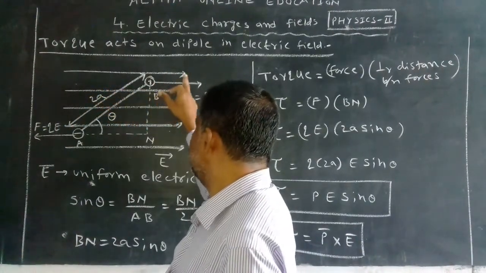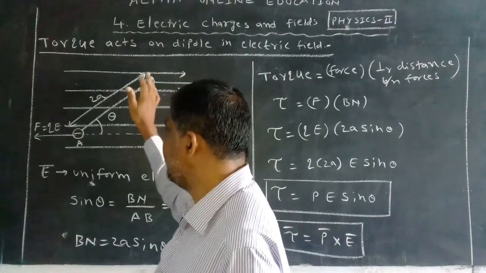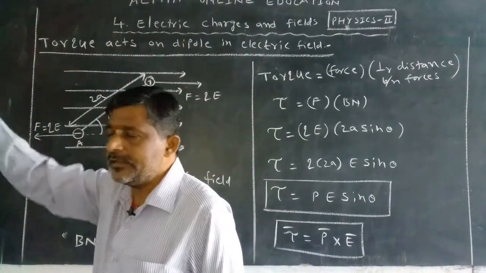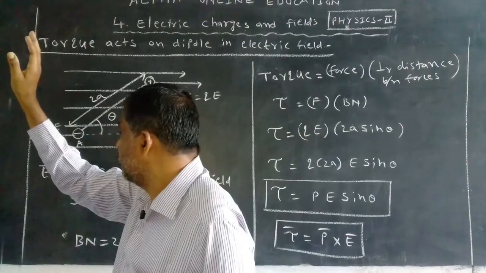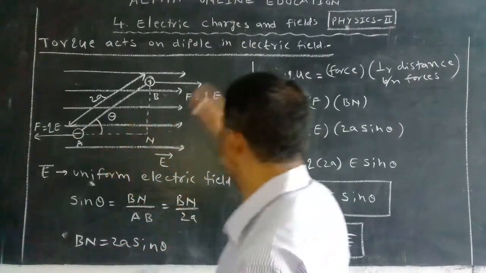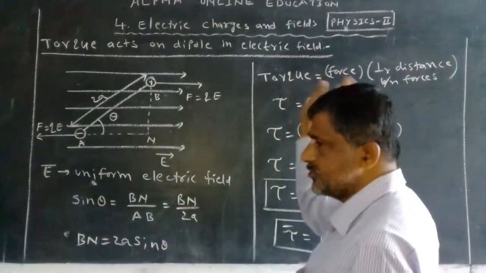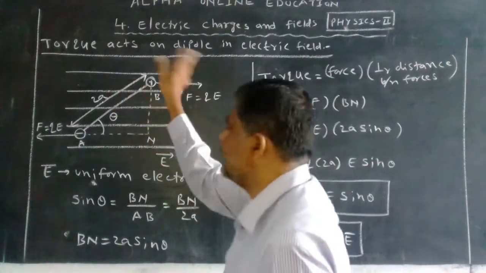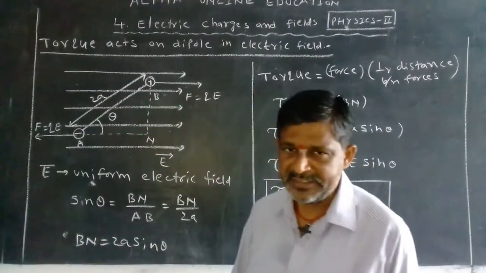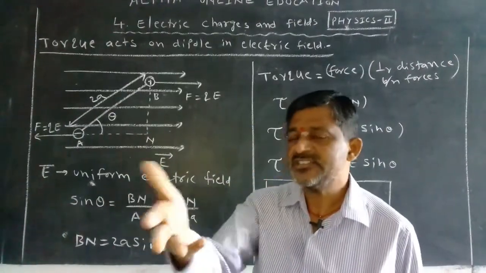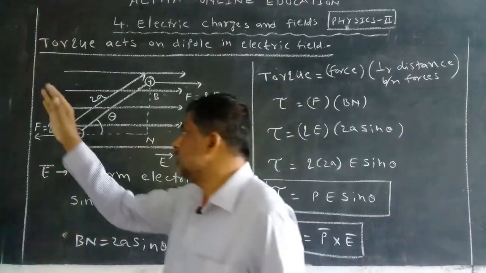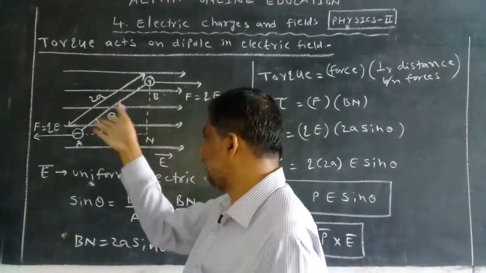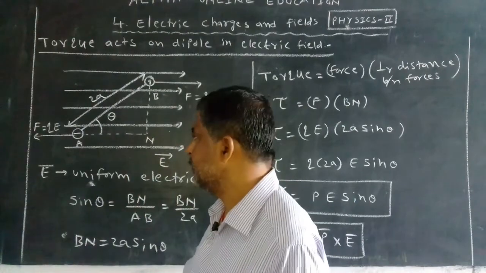These are the parallel lines. Here an arrow is there. What does it indicate? On this side, positive charges exist. On this side, negative charges exist. That is the meaning of it. How it is so, we will discuss in the next classes. Okay, the uniform electric field symbol is this.